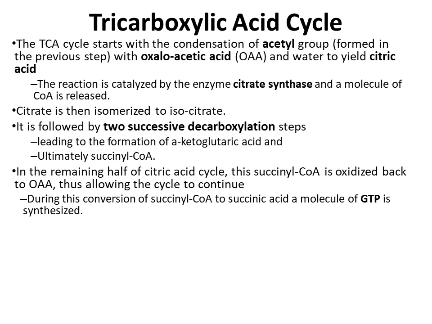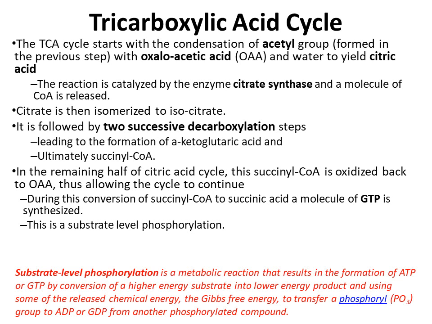During this conversion of succinyl CoA to succinic acid, a molecule of GTP is synthesized. This is substrate level phosphorylation, which means that a high energy substrate is oxidized to a low energy substrate and the released energy is used for GDP to form GTP. It may be ADP to ATP.